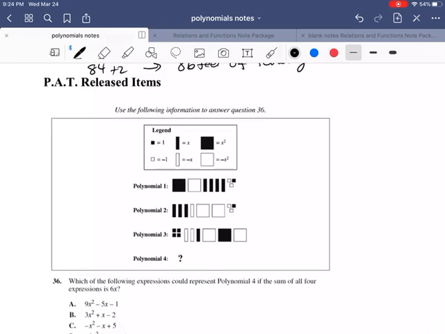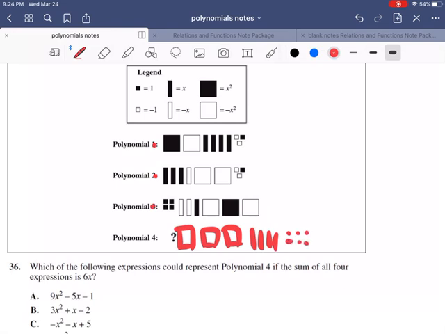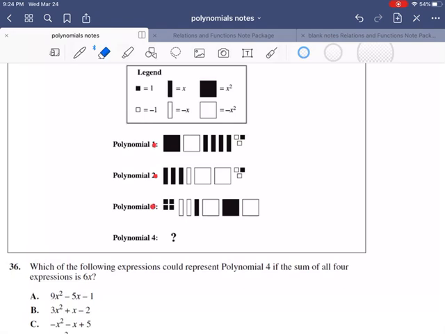Here's a PAT question that is very confusing on the outset, but really it's just a lot of canceling out. So we have three sets of polynomials, polynomial 1, 2, and 3, and we have a missing polynomial that you're going to fill in with some amount of tiles. We don't really know what tiles yet.